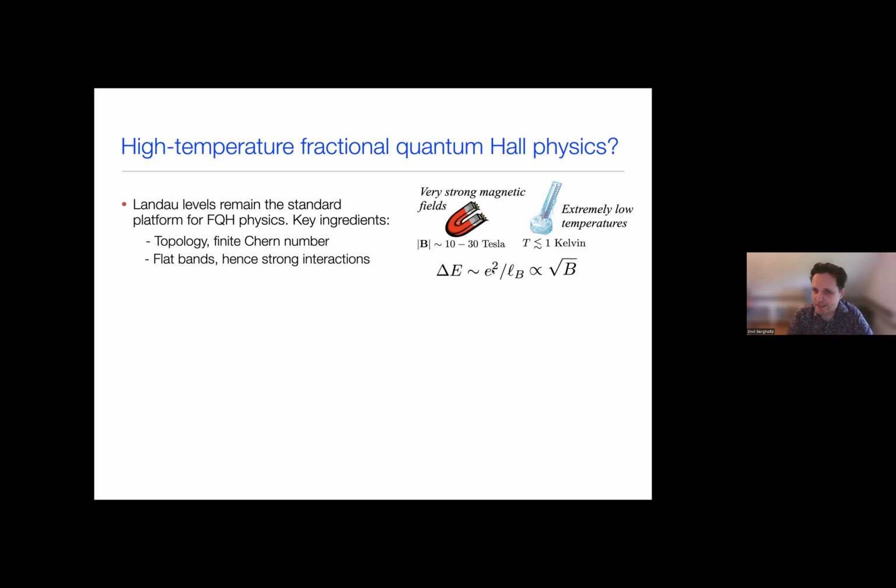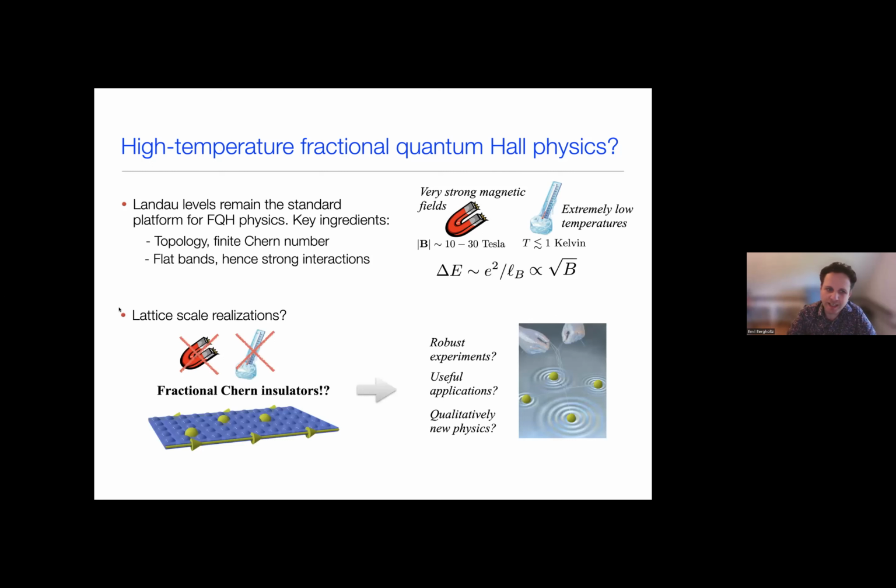That means that the gap is proportional to the square root of the magnetic field. So that means that you cannot enhance this temperature, which is typically less than a Kelvin, by very much. If you want a factor of 10 to 10 Kelvin, then you would have to have a factor of 100 stronger magnetic field, and that's simply impossible.